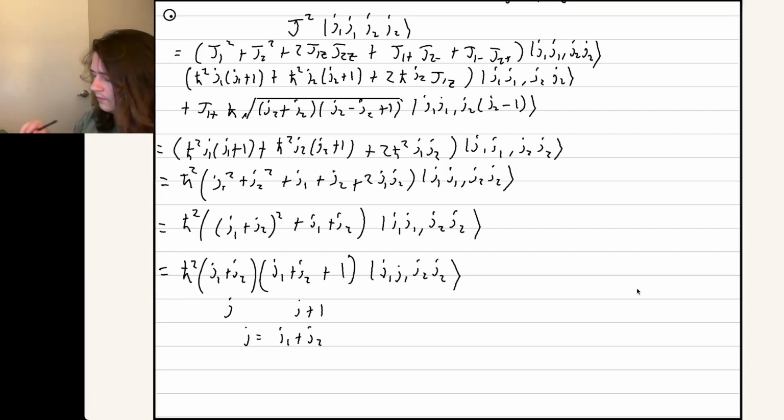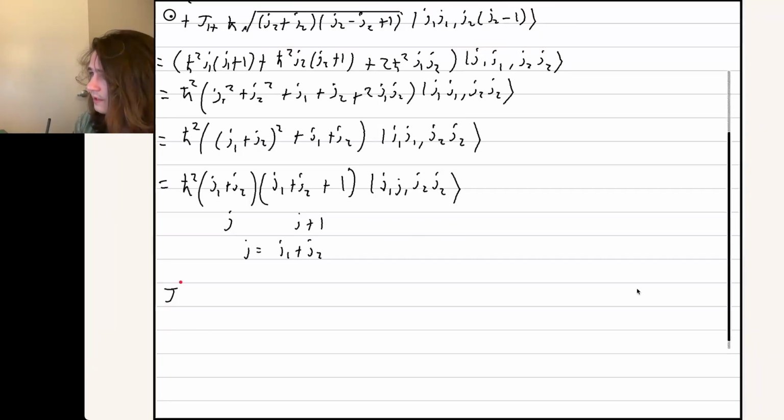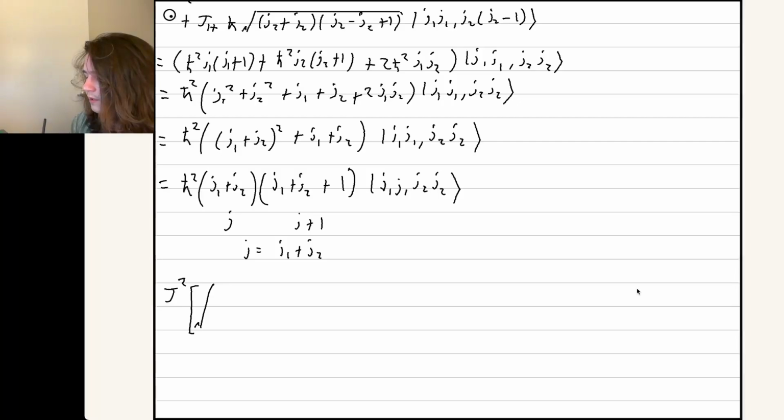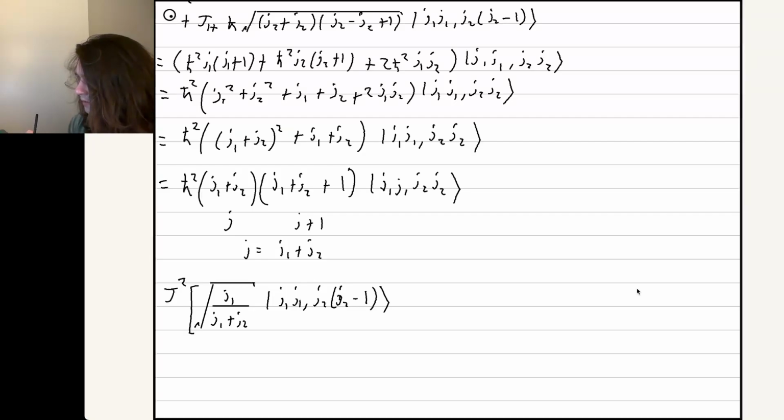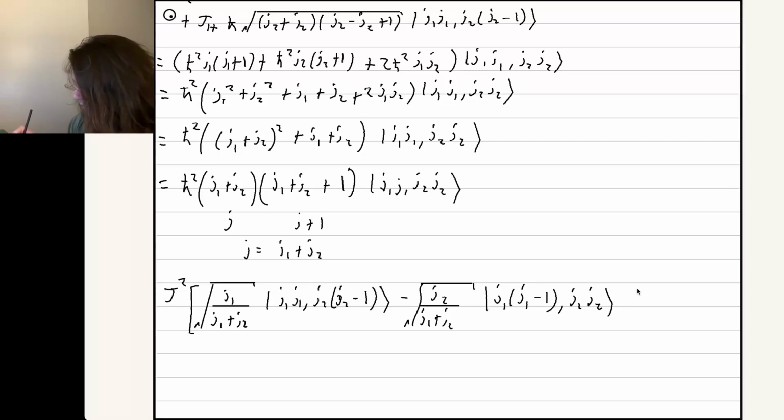That's just saying that you take your J squared operator, expand it in the same way that we did before, and operate it on the right-hand side of this equation, which reads the square root of J1 plus J2 times the state J1, J1, J2, J2 minus 1, minus this other radical, J2 over J1 plus J2, acting on the state J1, J1 minus 1, J2, J2. Okay.